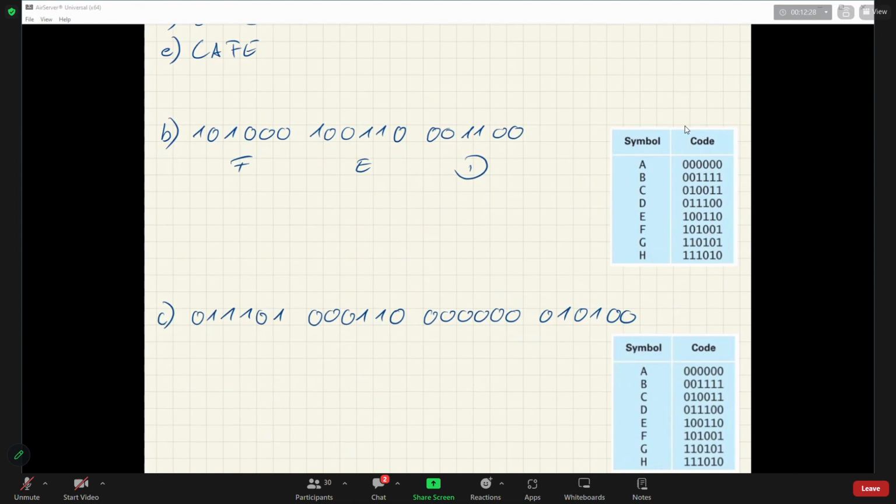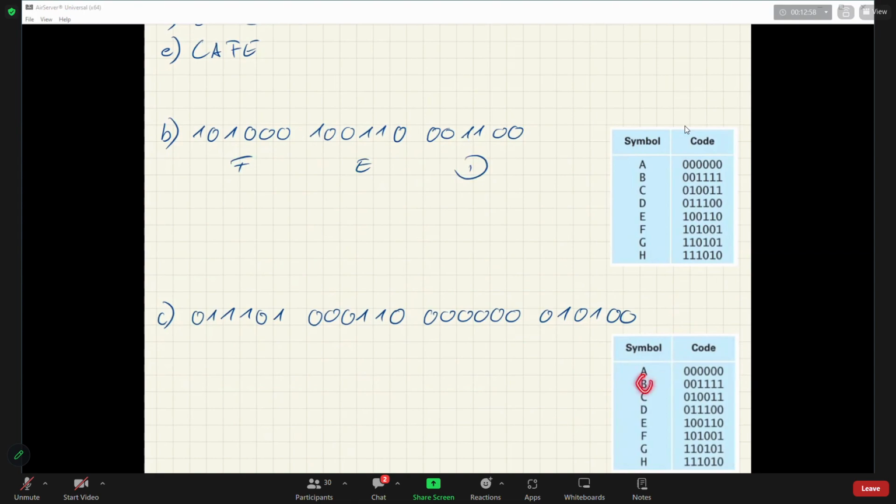The first pattern that we have there is 0, 1, 1, 1, 0, 1. And you are not finding the pattern in the corresponding table. So there is no 0, 1, 1, 1, 0, 1. What you are doing now is checking the Hamming distance of the 0, 1, 1, 1, 0, 1 to all the other symbols there. If you are comparing to A, the Hamming distance is 4.